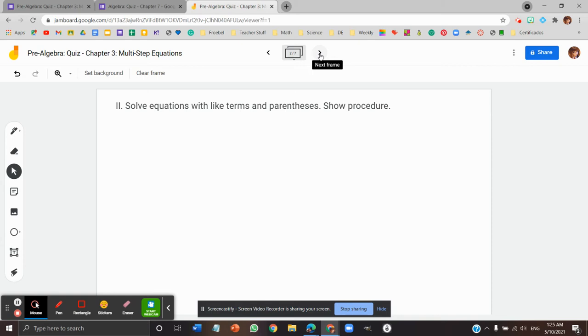For example, if I have 2x plus 4x plus 2 plus 1, then I have here that 2x and 4x are the same terms. Why are they the same terms? Because they have the same variables, and both of those variables are to the same power, right?